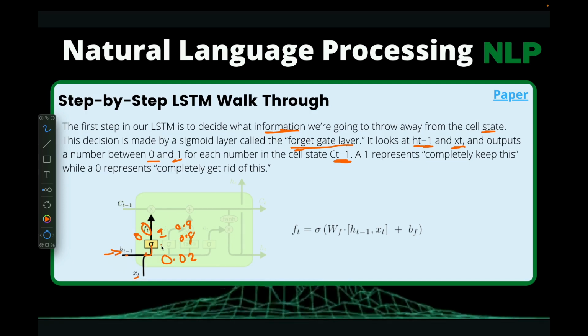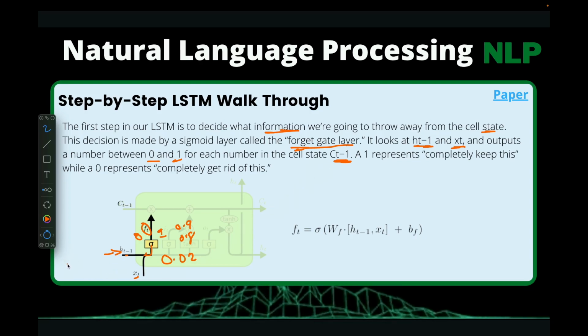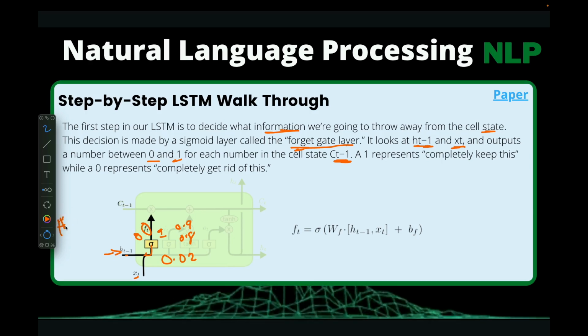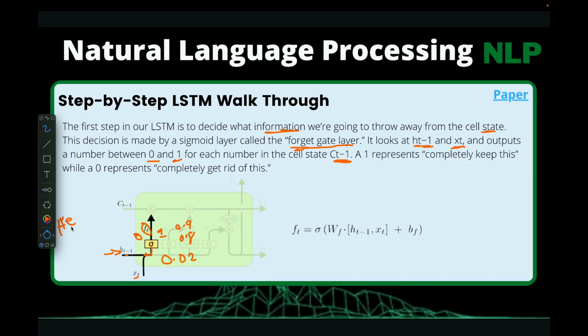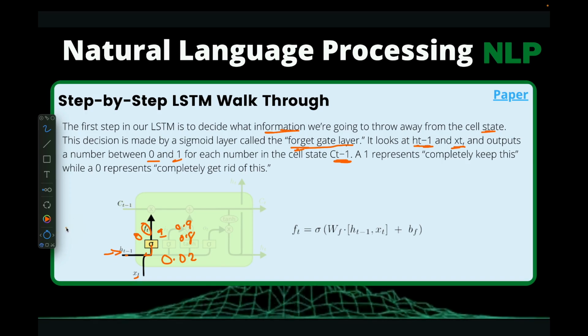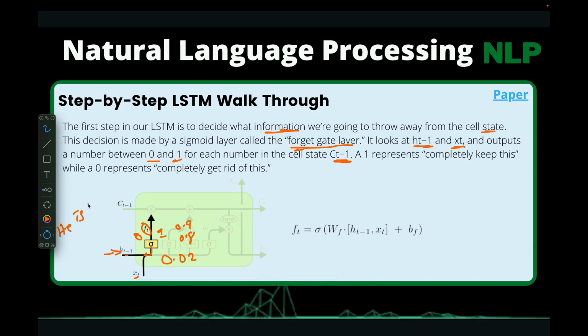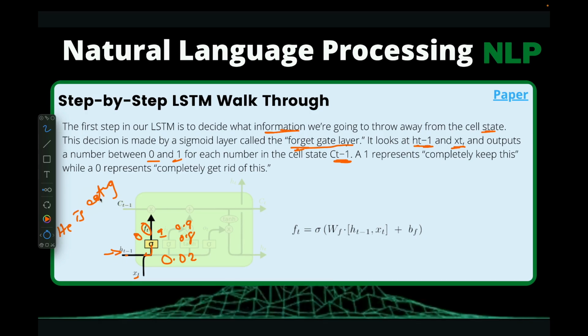Okay, so if you take an example, maybe in your previous hidden state you have information like "he is eating". Let me clean this one up and do it. Maybe he is eating, something like that.